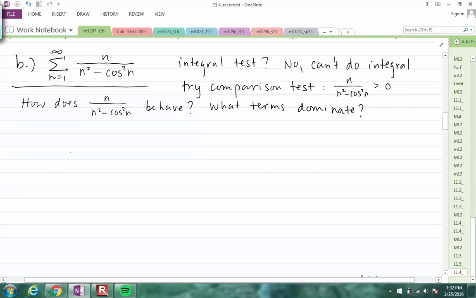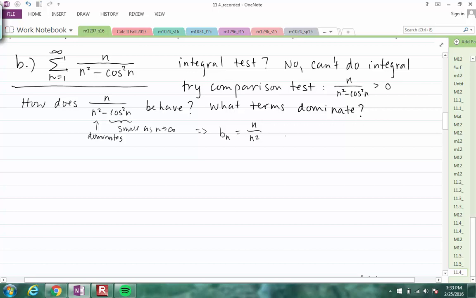Alright, so just writing some of this down. The cosine term is small potatoes here as n goes to infinity, aka n squared dominates. So for b sub n, let's choose n over n squared and see how that goes.